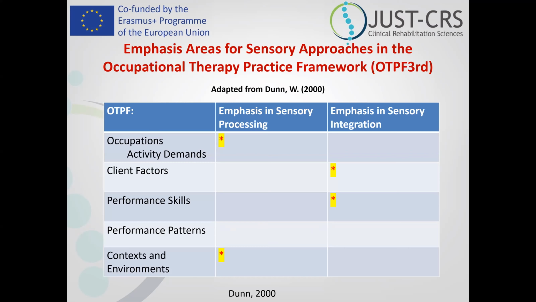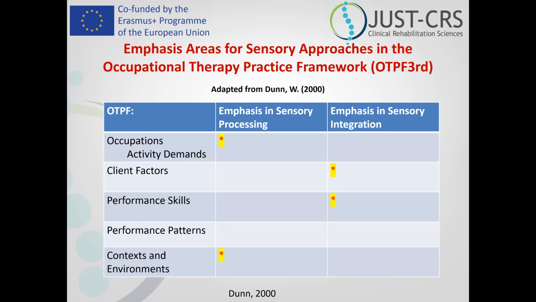This is adapted from a book that I like to read, a book for occupational therapists to support children's participation. I put it in the references. I adapted it to reflect the occupational therapy practice framework, 3rd edition.